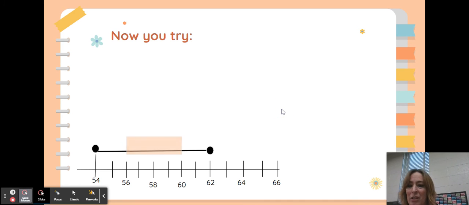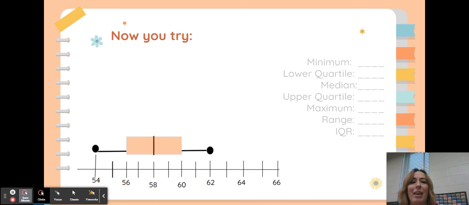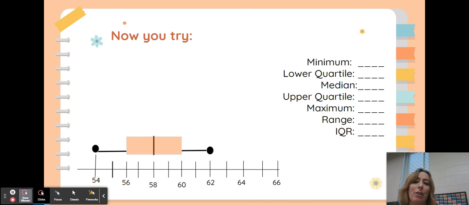Go ahead, pause this video again and work it out, and then come back and see if you got it right. Okay, you should have figured out that the minimum value is 54. The lower quartile is 56. Our median is 58.